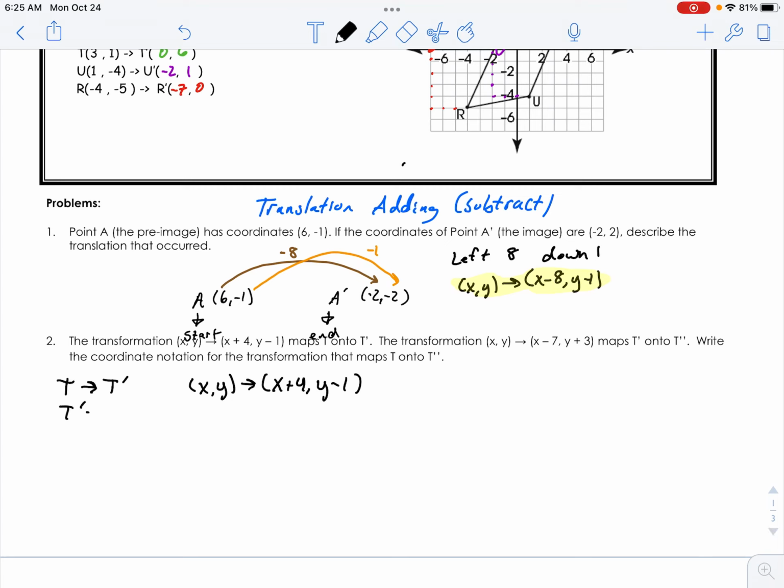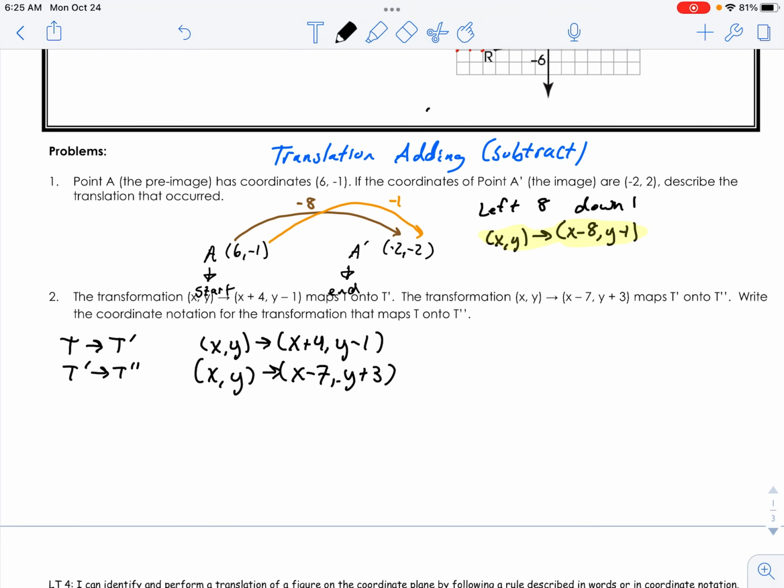Then T prime to T double prime is this right here. So we can do a double translation. You move the point, then you can move the point again. That's definitely mathematically legal. To combine it as one from T to T double prime, you're just really bashing it all together.